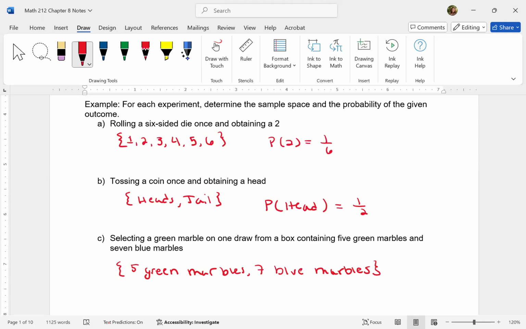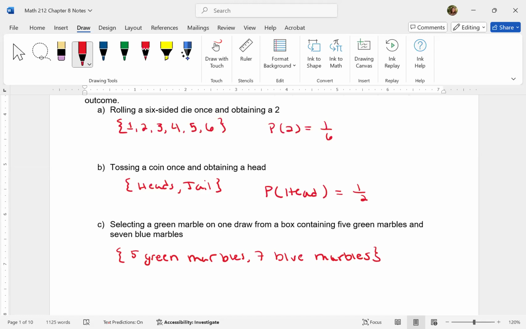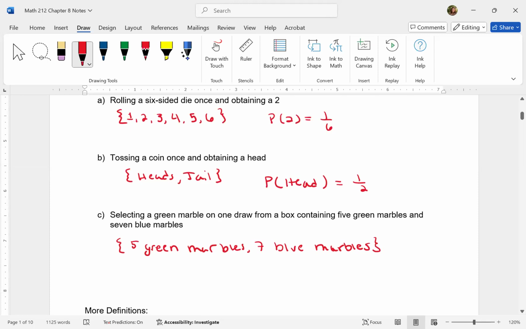The way we could do that, by the way, is you could literally list them out. If I wanted to do it quickly, I could write green, green, green, listing it 5 times, and then B for blue 7 times: 1, 2, 3, 4, 5, 6, 7. So if I wanted to list out all the outcomes, I could do it this way.